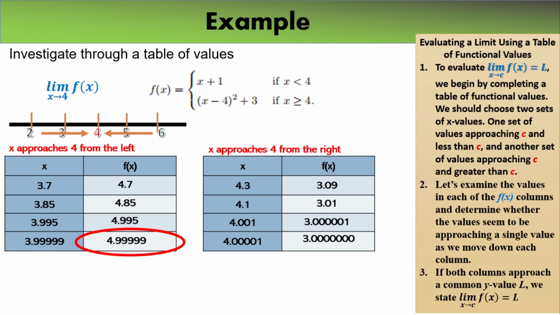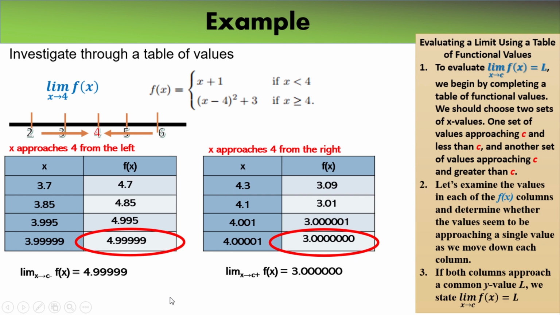So, we can now say that the limit of f of x as x approaches c from the left is 4.99999 or 5. So as x approaches 4 from the right, ang value ng f of x natin ay papalapit sa 3. So our limit of f of x as x approaches c from the right ay 3.